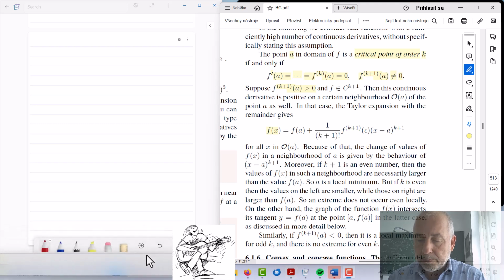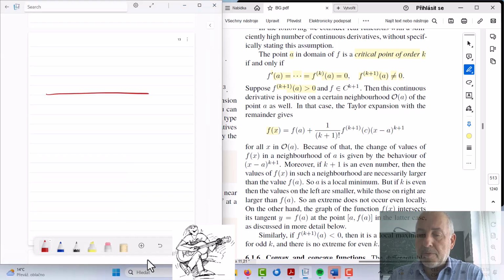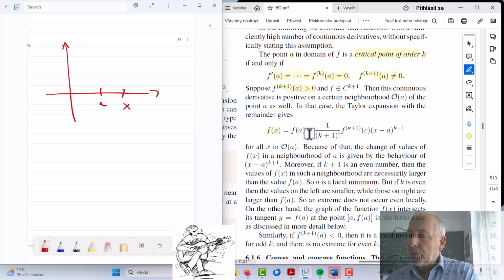If we have the function like this, and here is a, here is x, then we know that the function will have 0 derivative up to order k, and at the same time it will have a positive next derivative, right?